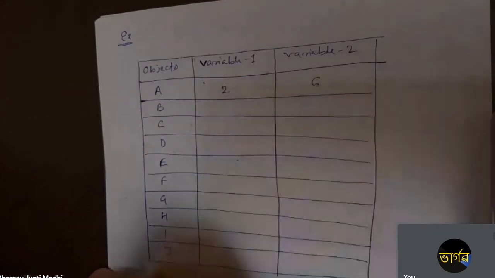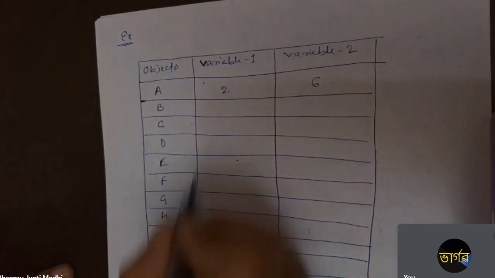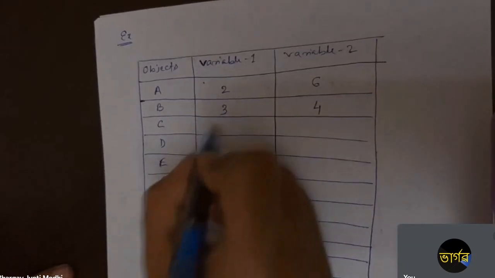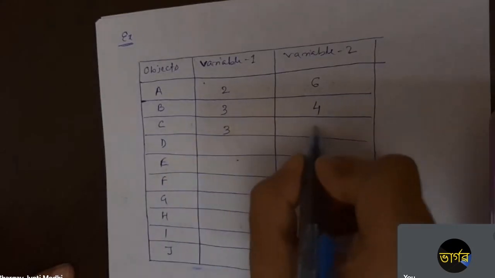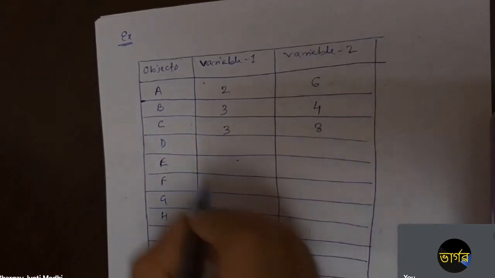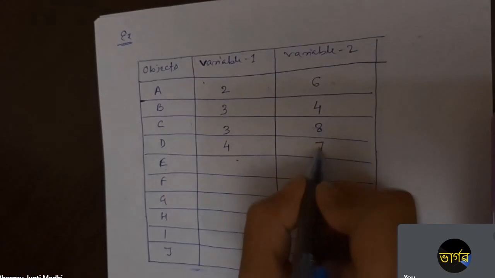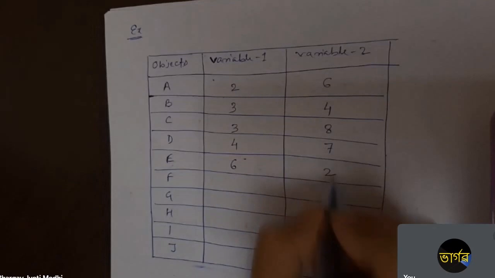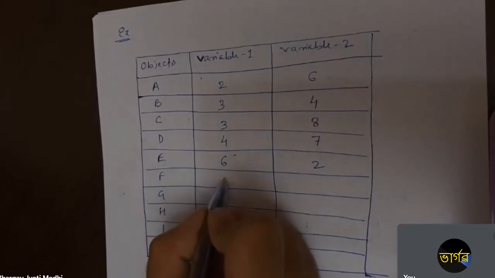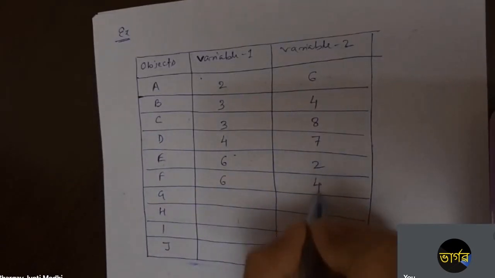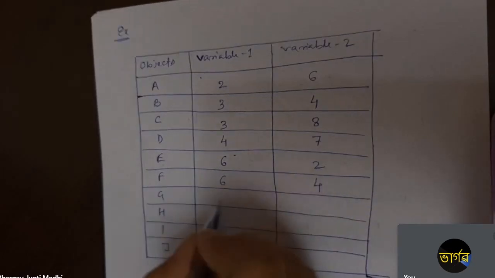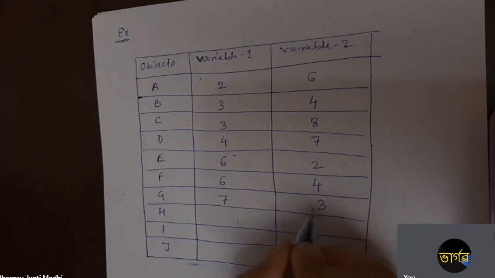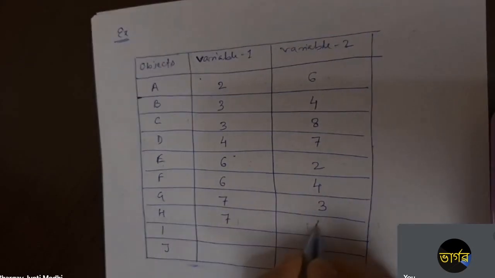For D it is 4 and 7, E it is 6 and 2, F 6 and 4, G 7 and 3, H 7 and 4, I 8 and 5, and J 7 and 6. Okay, so these are the variables which are given.